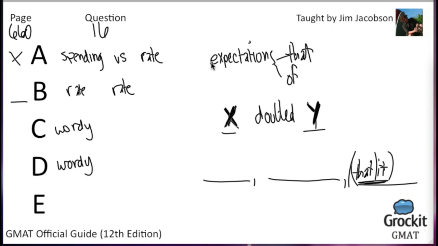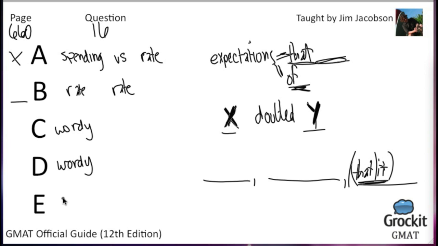I would also characterize it as more common that if the expectation is of an action, and you're going to include that action, you use the word that rather than of. So the expectation that he would visit this weekend is going to be fewer words than expectation of a visit from him this weekend. That's why, when you're talking about an action, that is generally going to show up more commonly than of on the GMAT.